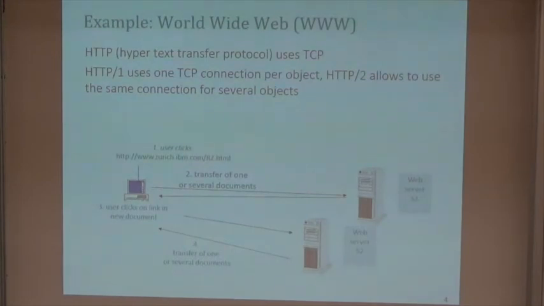The server has to open a TCP connection for each object. Because of TCP congestion control, it starts small. Correct. So it's not very efficient on the server side because the server is burdened with a large number of TCP connections to open and close also.